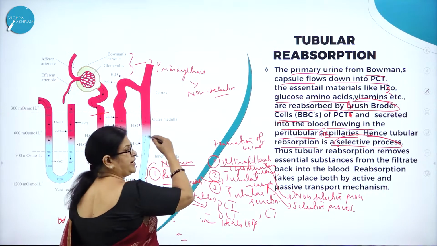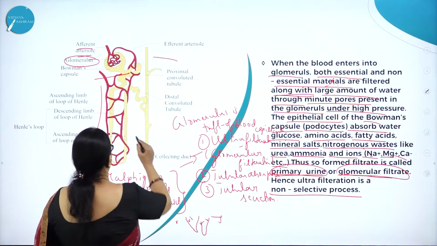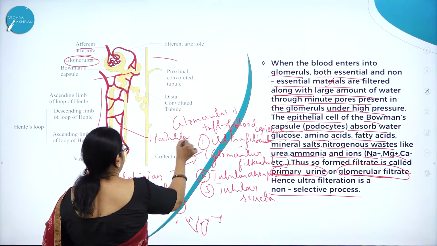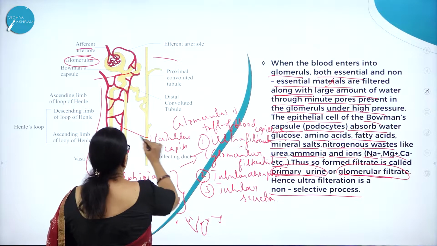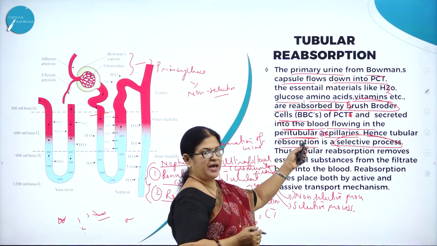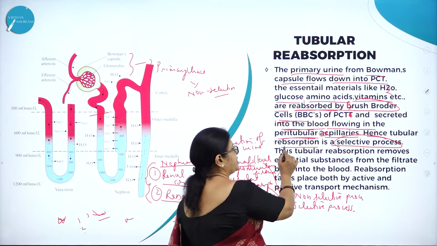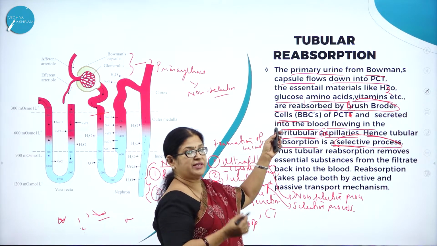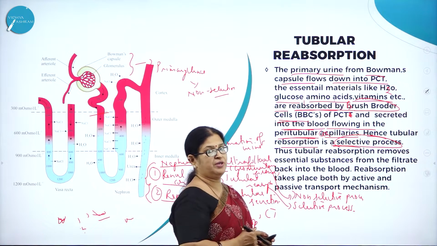Here you can see the peritubular capillaries. Hence, tubular reabsorption is called a selective process, because the essential materials are reabsorbed, right?